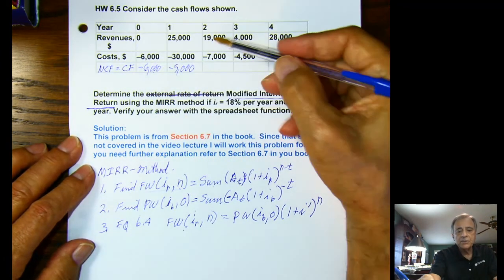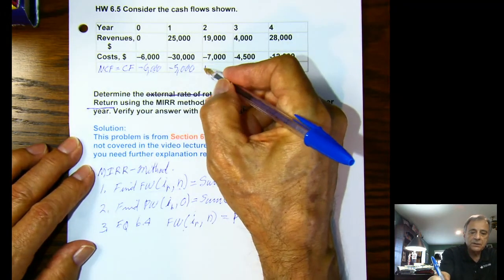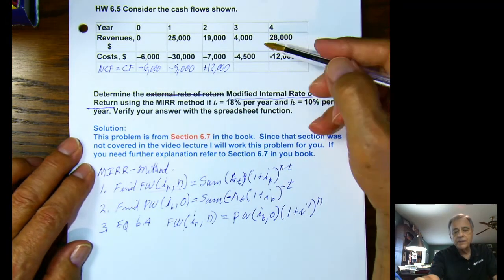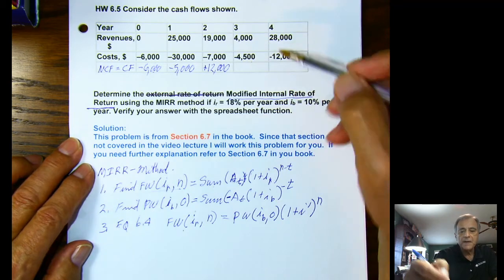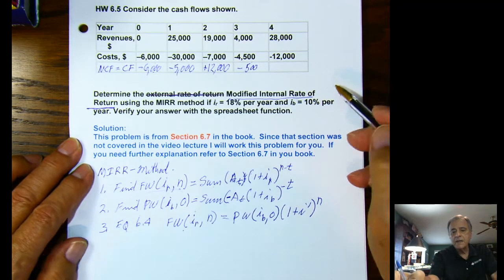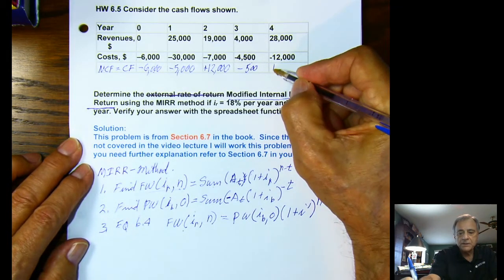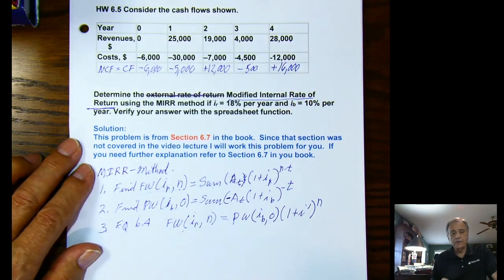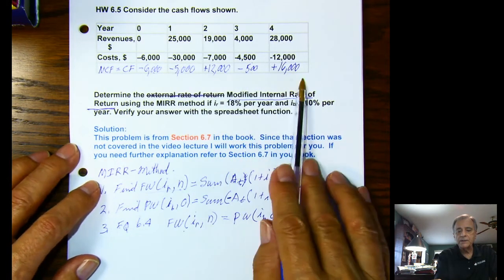And then at time 2, you got $19,000 minus $7,000, so that's plus $12,000. At time 3, you got $4,000 plus and $4,500 minus, so that's minus $500. And at time 4, you got $28,000 minus $12,000, which is plus $16,000. So there are two positive cash flows for us to work with in step 1.